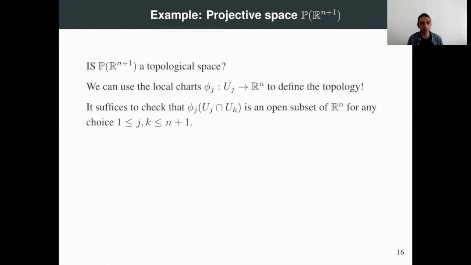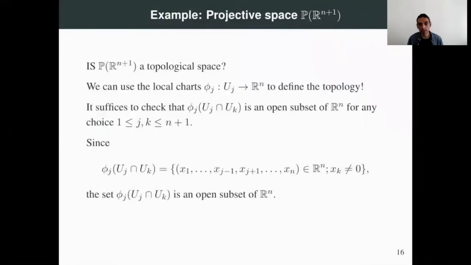Our projective space is going to be a real analytic manifold of dimension n. And what we can see is that the image of that intersection is the set of vectors in R^n, written in this way.